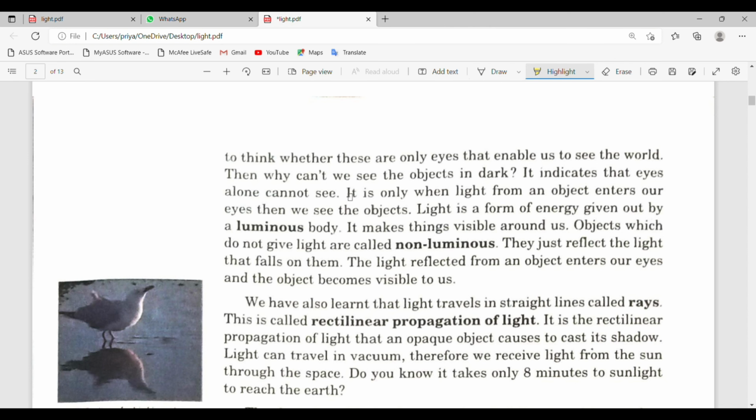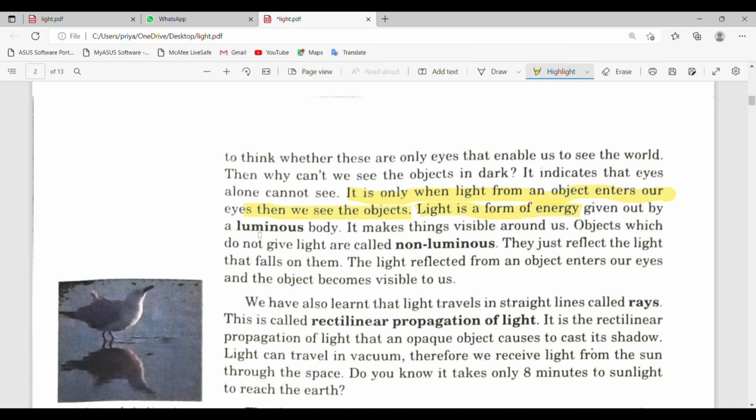It is only when light from an object enters our eyes that we see the object. The simple meaning of this line is we cannot see an object in darkness. Light makes it possible for human eyes to see the object. Again, one thing to mark is light is a form of energy. Which type of energy? Light is kinetic energy.